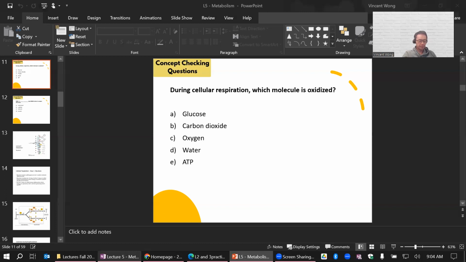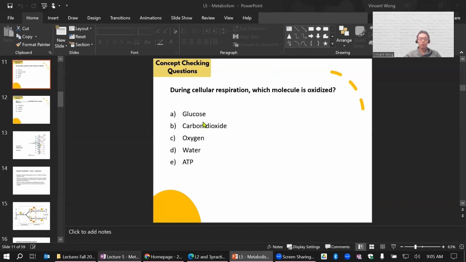Choose something. Okay. During cellular respiration, which molecule is oxidized? Remember LEO: loss of electron means oxidized.